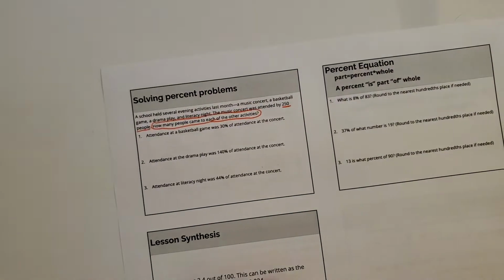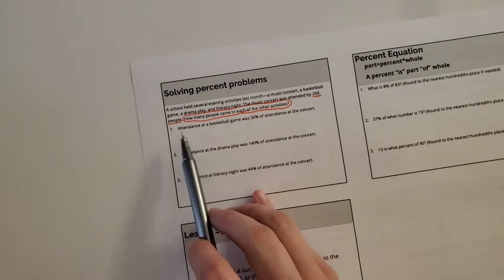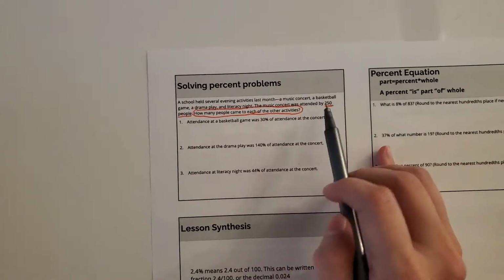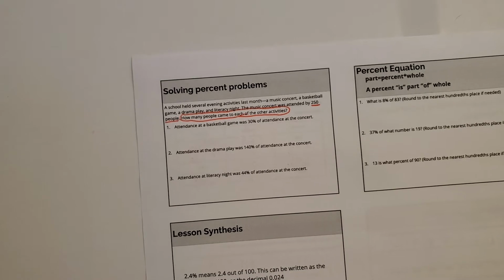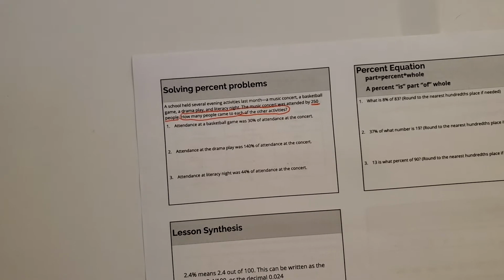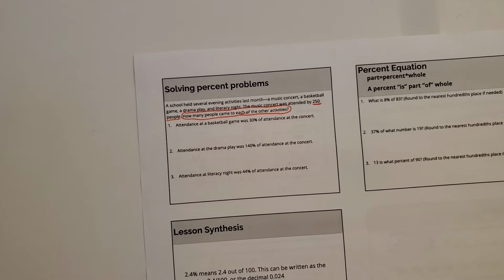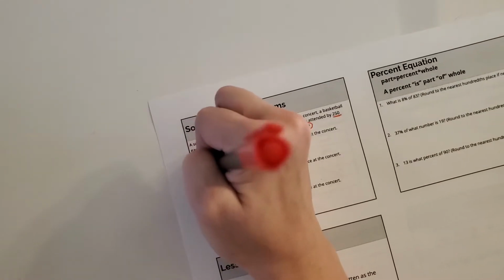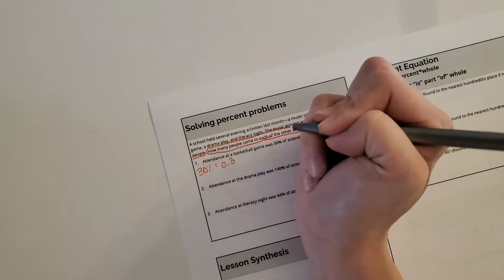Okay, so let's look at one. Attendance at a basketball game was 30% of attendance at the concert. So remember, the concert had 250 people. Since the concert had 250 people, I'm trying to find 30% of that. So 30% as a decimal is 0.3.